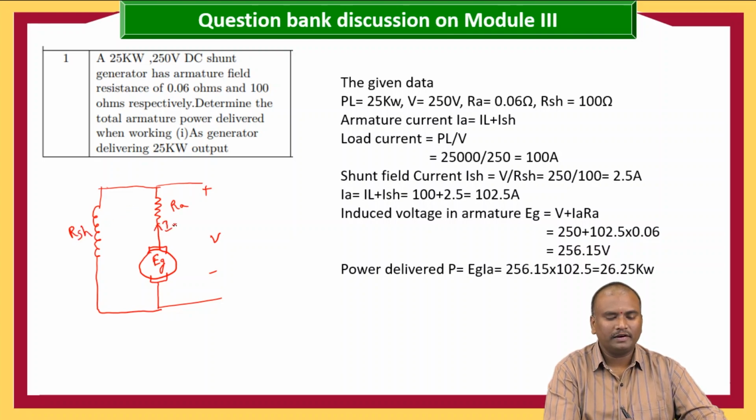This is the generated current, armature current IA. This is the load current. This is ISH.